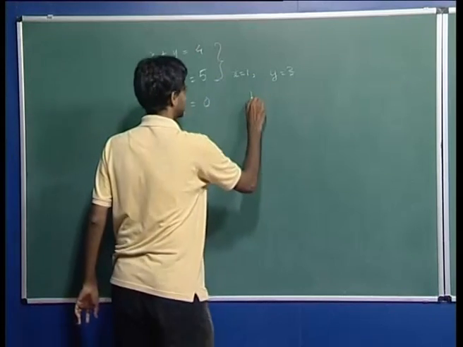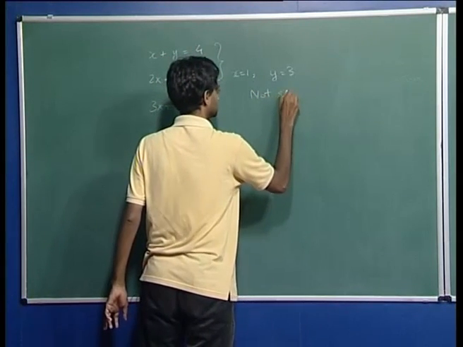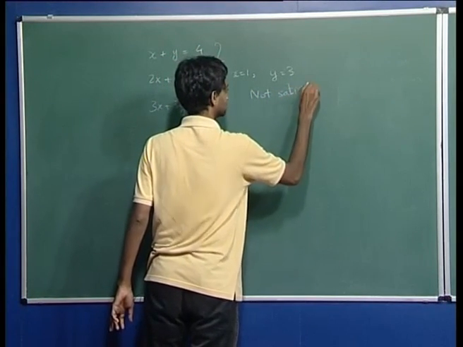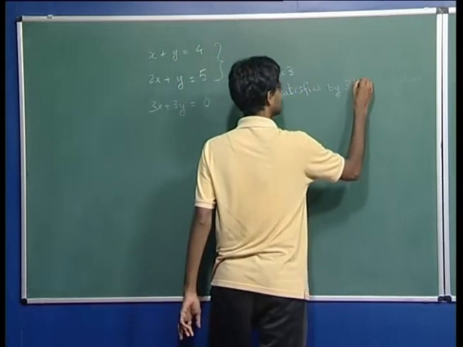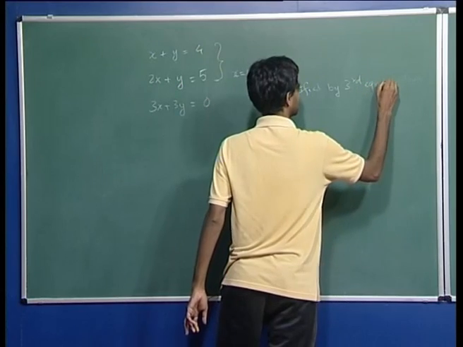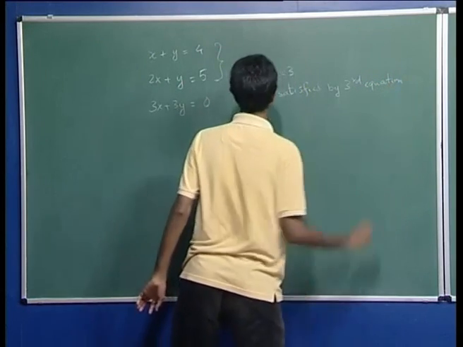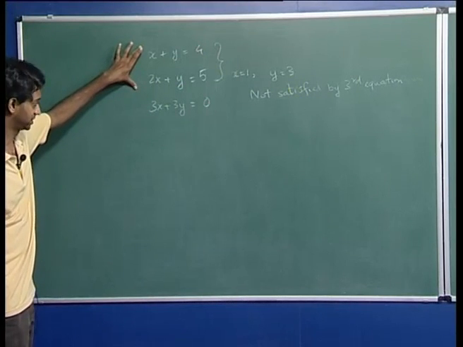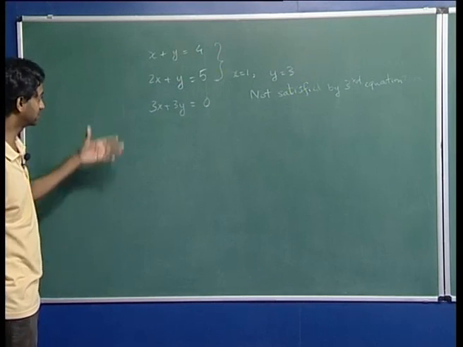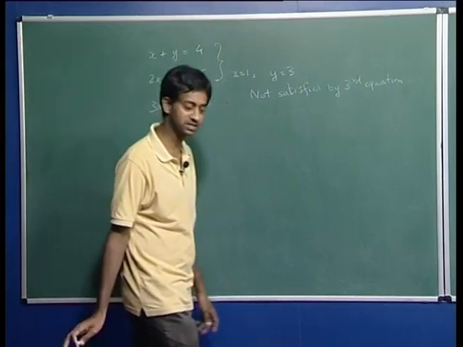So not satisfied. In other words, what you say is that the third equation is not consistent with the first 2 equations. So you say that these 3 equations are not consistent.